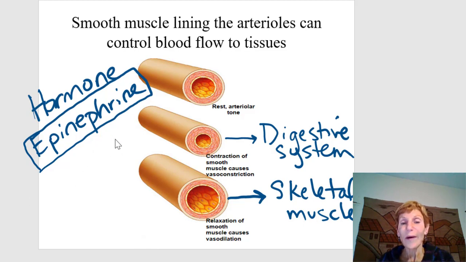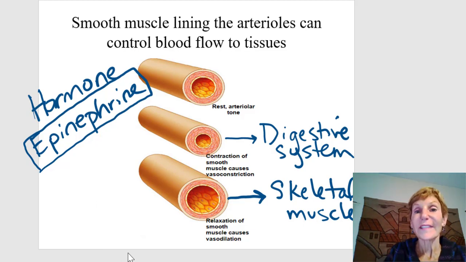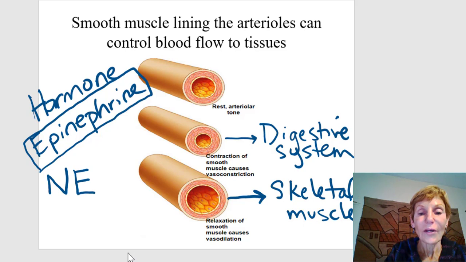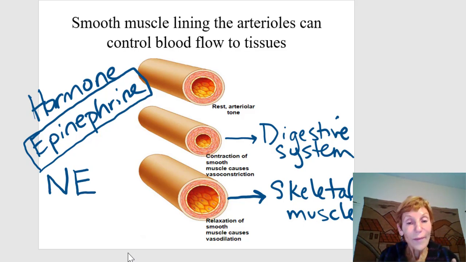The last thing I want to talk about is that when I talk about epinephrine, I'm also going to talk about the sister molecule that's very similar to epinephrine called norepinephrine, which we just abbreviate NE. Norepinephrine and epinephrine are very similar hormones, but they're also neurotransmitters.